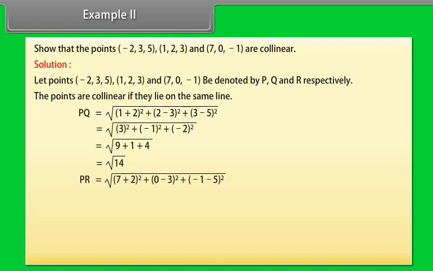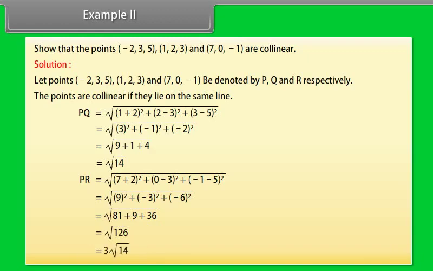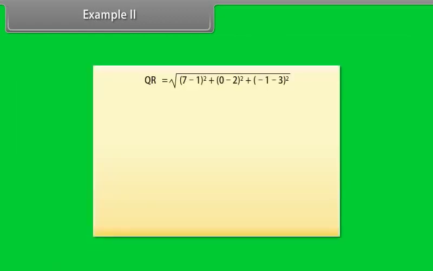PR = square root of (7 + 2) square plus (0 - 3) square plus (-1 - 5) square. After calculating PR, we get 3 into square root of 14. QR = square root of (7 - 1) square plus (0 - 2) square plus (-1 - 3) square.